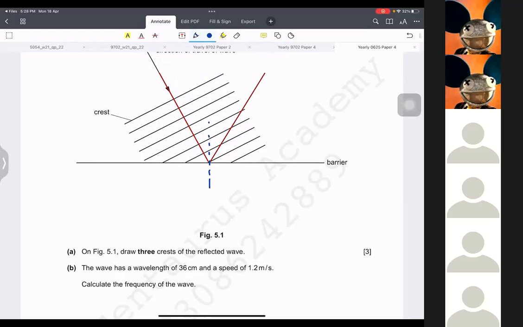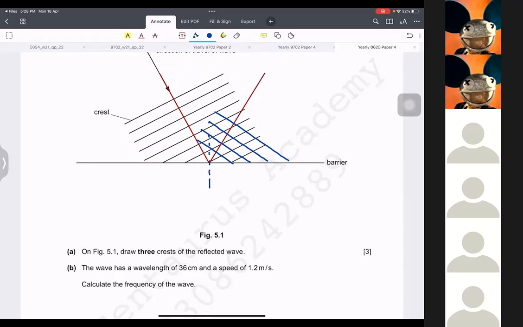Then you make wavefronts equal in length and perpendicular to the direction like this. You can also make it like this if you want. That's fine. So 3 are needed, you can make any 3.